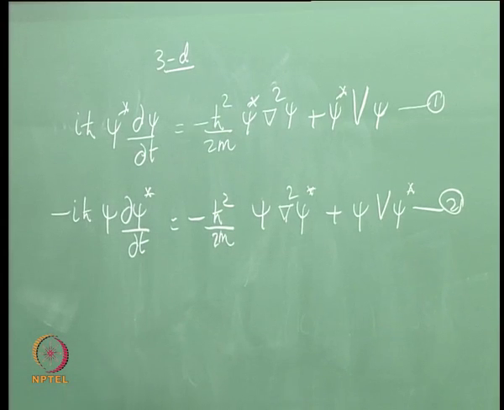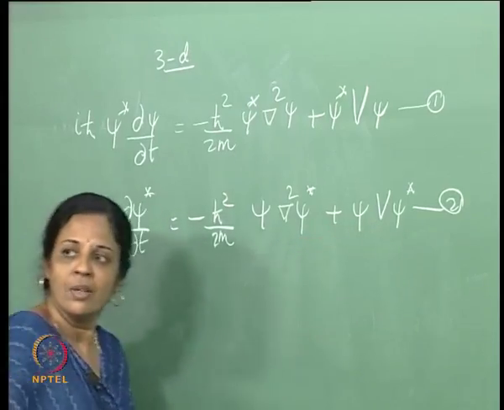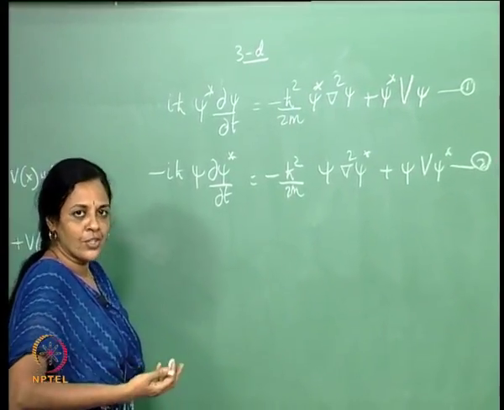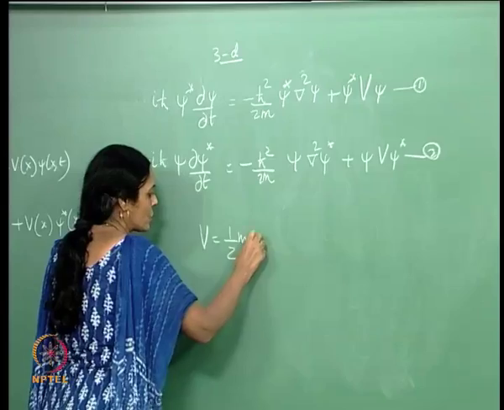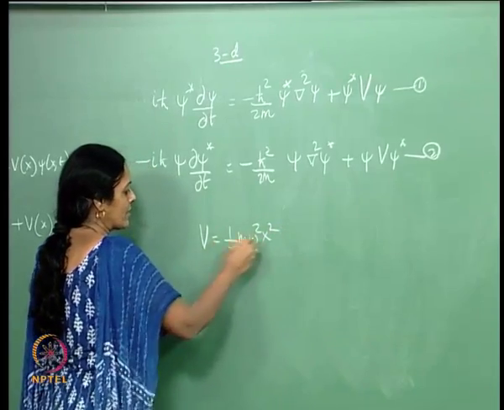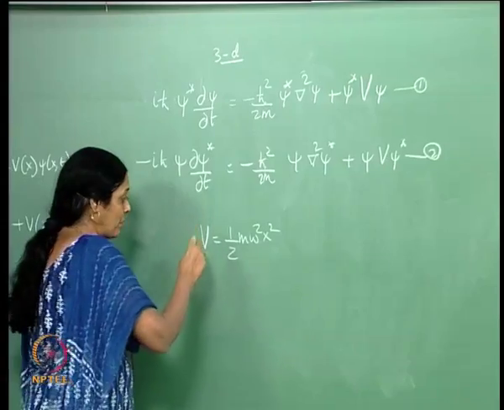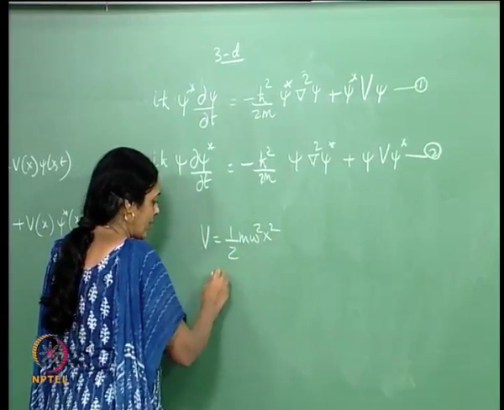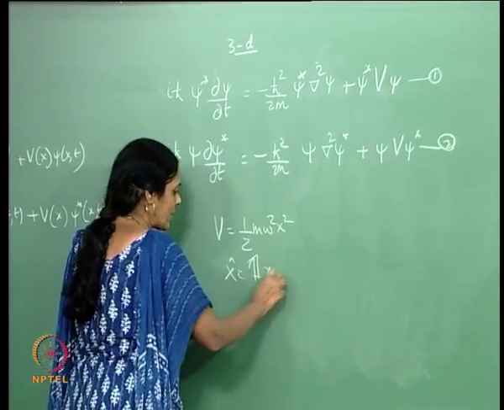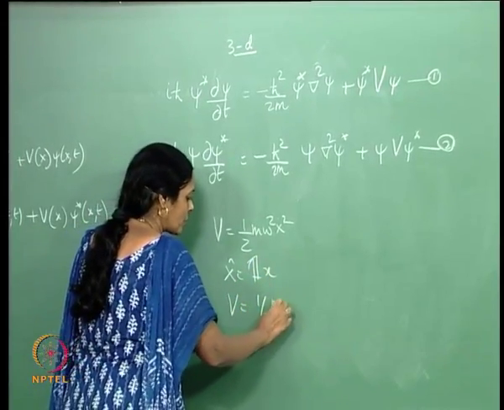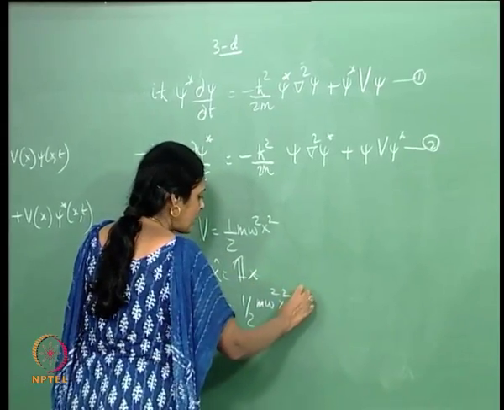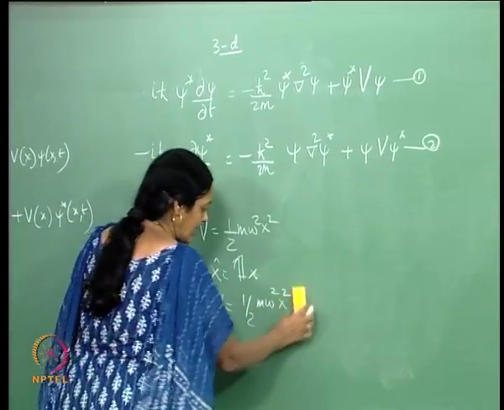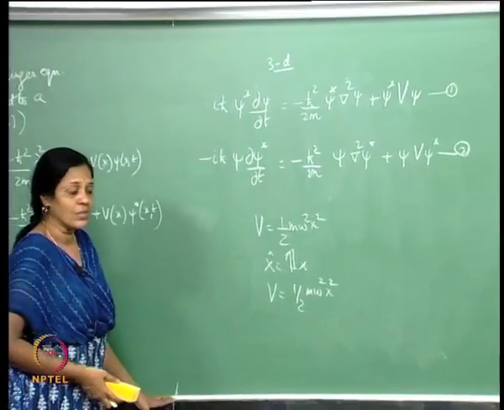Now remember that ψ is a scalar function of x, and so is V in the position representation. For instance, if you looked at a potential which is quadratic, like in the case of the oscillator, V is half m ω² x², and V would normally have been an operator, but since this operator x is merely identity times x, V is half m ω², the number x², times identity if you wish, but I am going to suppress that, and I just write V as half m ω² x².